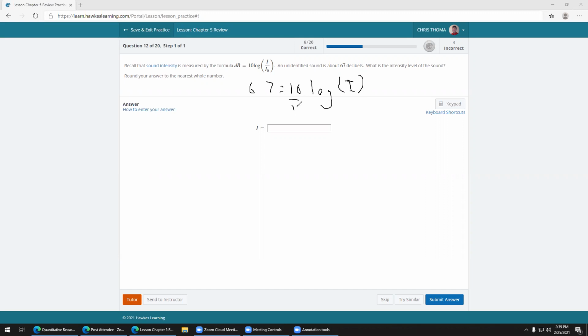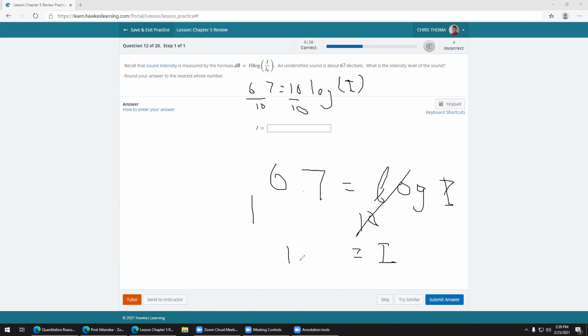We got to divide both sides by 10. So I get 6.7 equals log of I. To get rid of the log, just like e gets rid of ln, 10 gets rid of log because 10 and log cancel each other out. So this becomes I. Again, you can review the notes for that. So this becomes 10 to the 6.7 power.